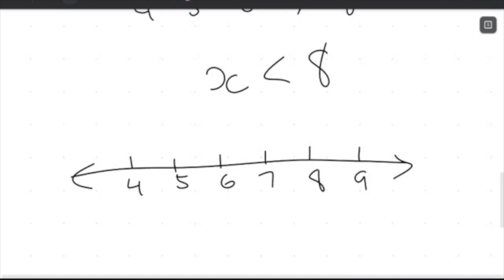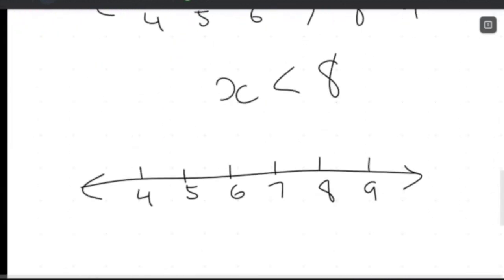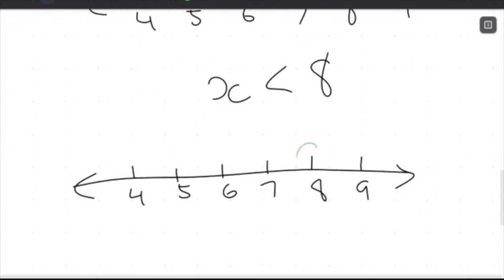It's not less than or equal to, it's just less than. So I'm looking at everything on this side of the 8. I show this by still doing a circle, but instead of a closed circle, I'm going to do an open circle where the 8 is. That shows me that the 8 is not included. And the arrow is going to point in the direction of the numbers less than 8, and that's to the left of our number line.